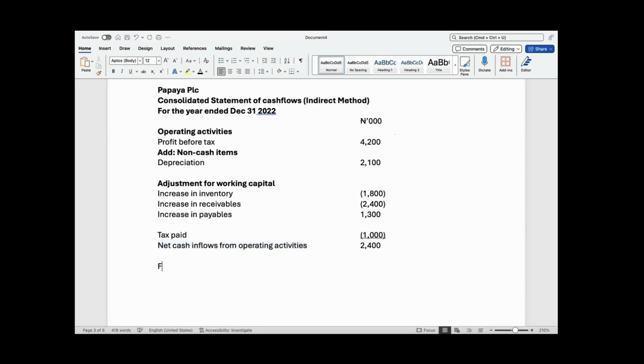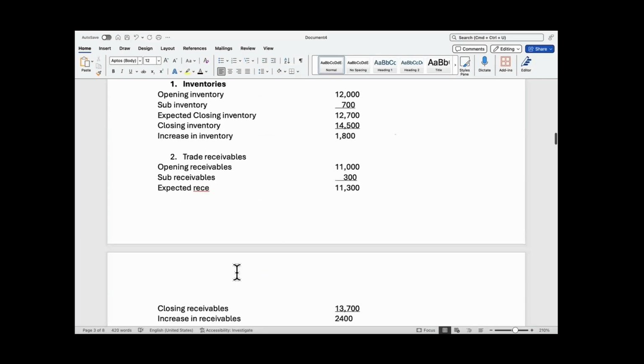So I go to my investing activities. What are the items under my investing activities? I go to my assets again, just the same thing I did the other time. In this case, I go to my non-current assets. There are only two items here: PPE and goodwill.